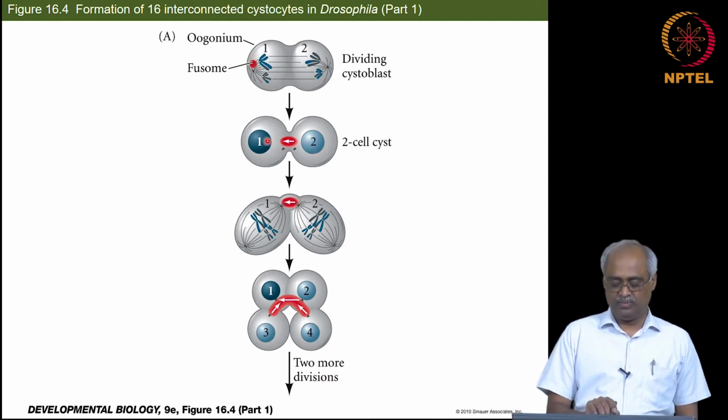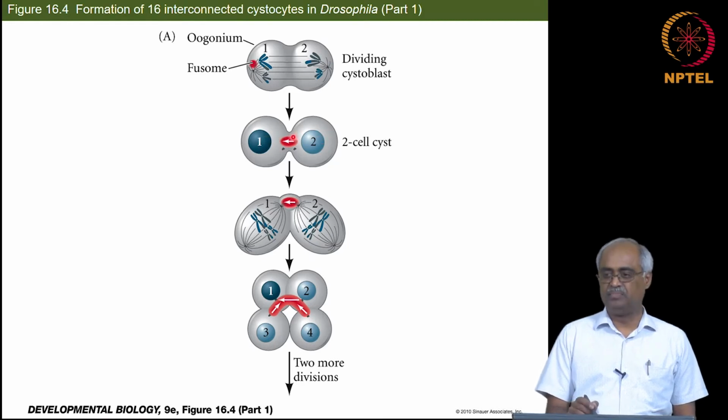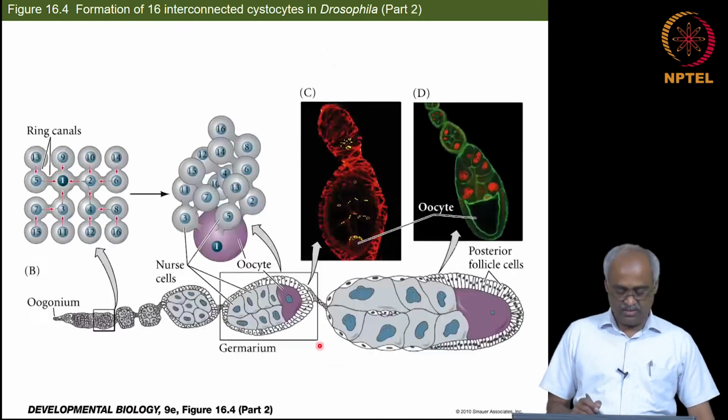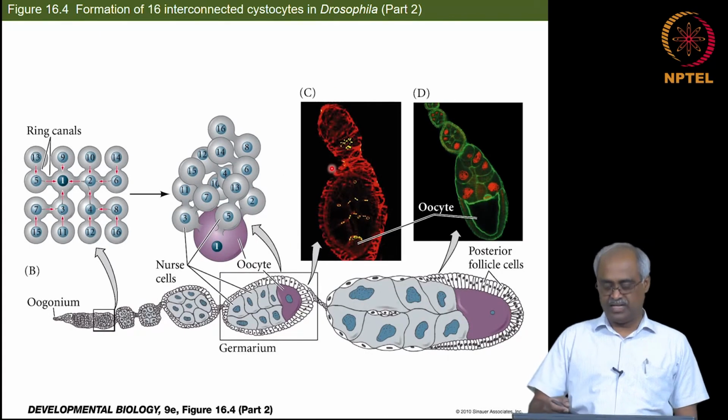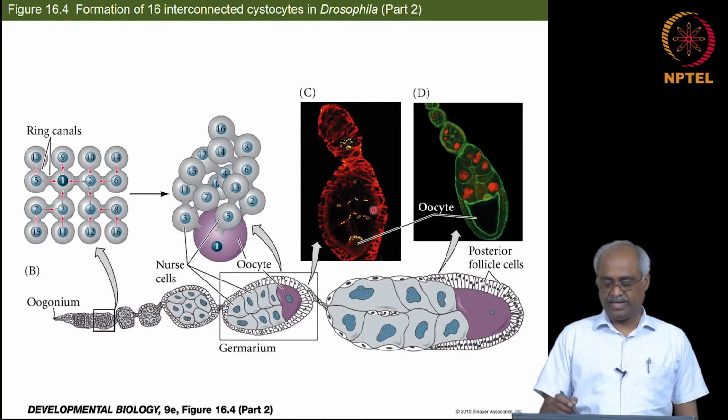So, moving from this to this, the arrow indicates from which cell it is coming, and that sort of spreads through the ring canal all the way, and this is a cross section stained with actin to mark the outside, that is a red color, and this yellow is the fusome. So, that helps in the transport of materials to oocytes.